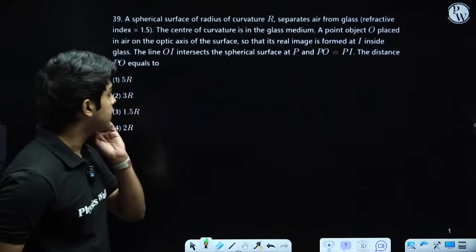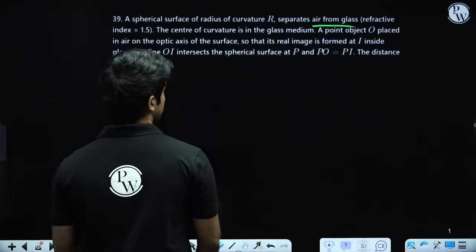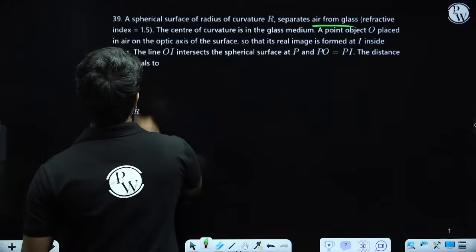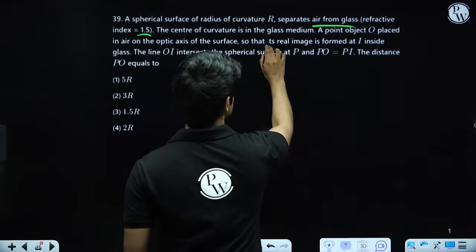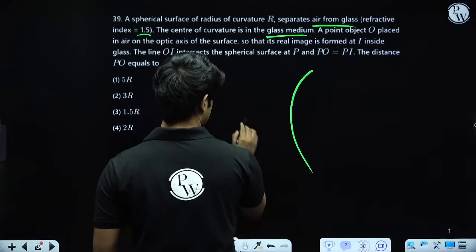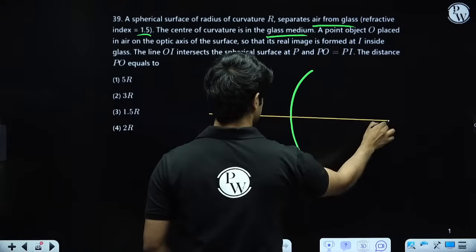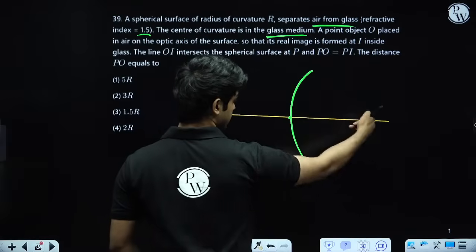Spherical surface of radius of curvature r separates air from glass. Glass refractive index is 1.5. Center of curvature is in the glass medium, okay, which means the surface will look something like this. Let's say this is the optical axis. Radius of curvature is in the glass medium, right?